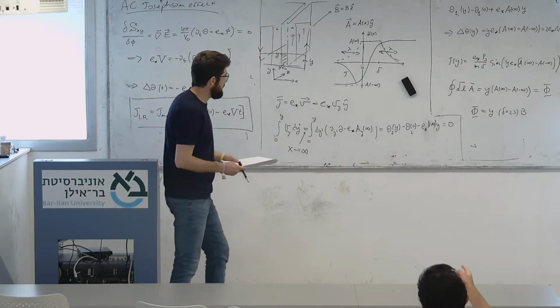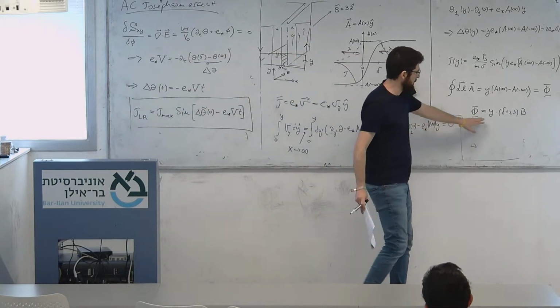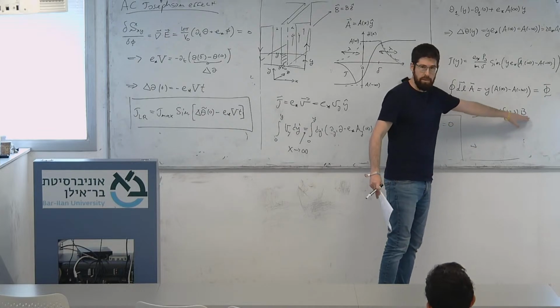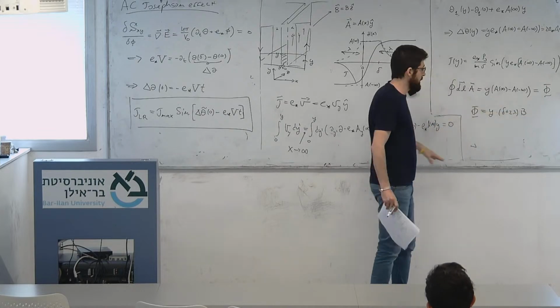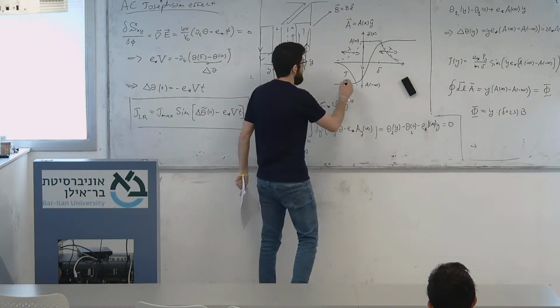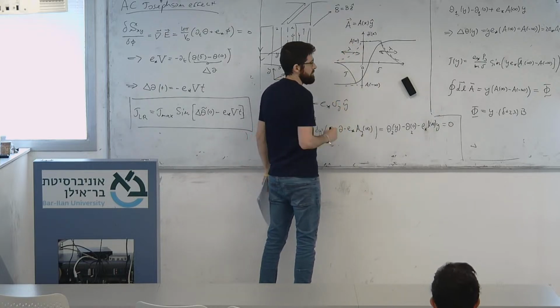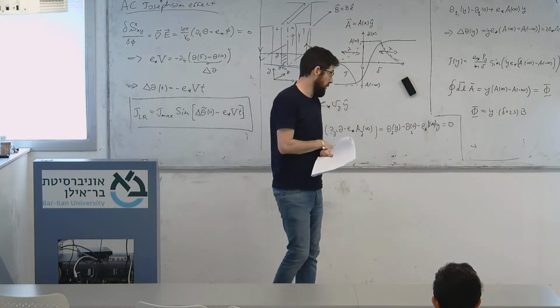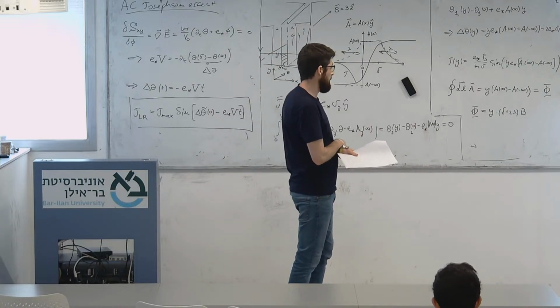Okay? But the point is that the total flux is basically just y times this times B, more or less, because that's the region. That's Stokes' theorem, right? Yes, of course.